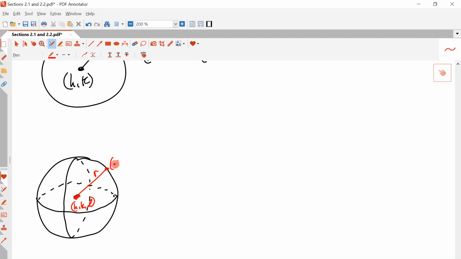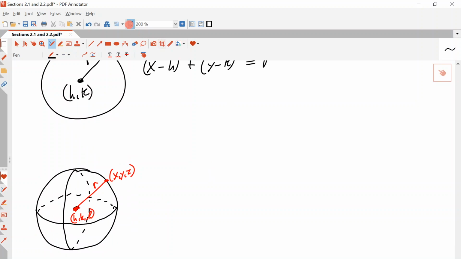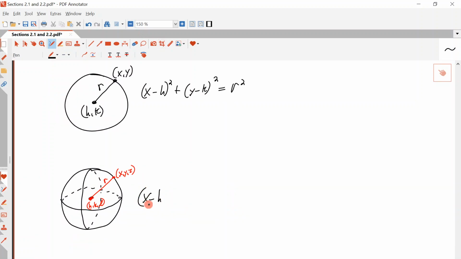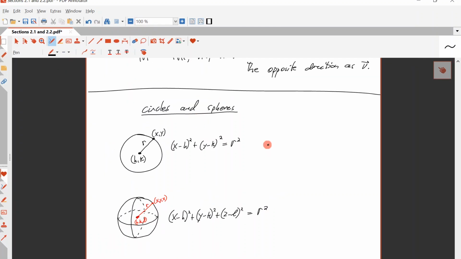Then that's all points (x, y, z) whose distance from (h, k, l) is r. So it's all points that look like this: the square root of (x minus h) squared plus (y minus k) squared plus (z minus l) squared equals r. But normally we don't write it with this square root, we just square the r instead. Right, so we have circles in 2 dimensions and spheres in 3 dimensions that have similar sorts of equations.